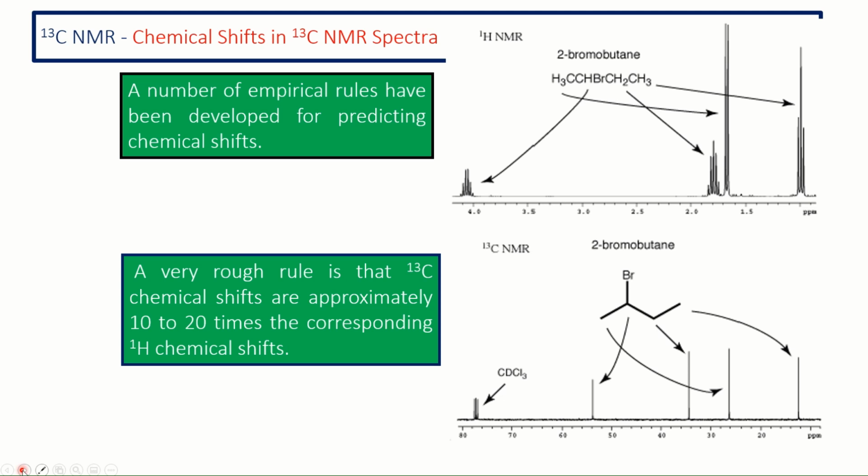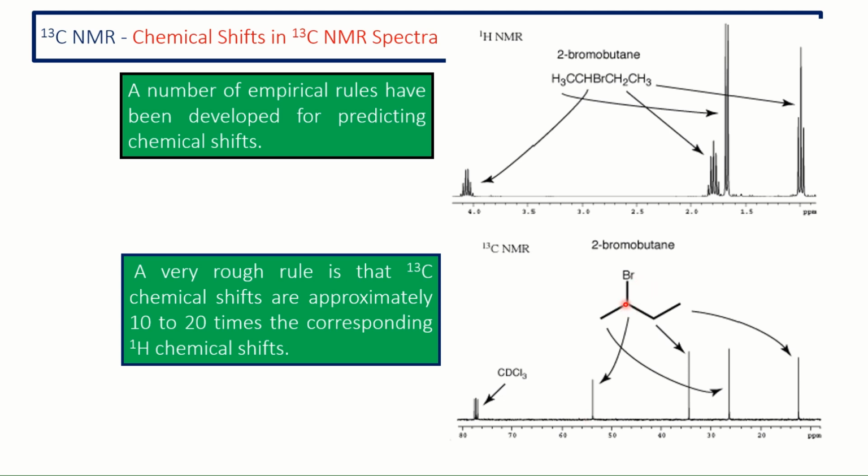a comparison between carbon and proton. Here's a proton spectrum running from 0 to 10 ppm, and here's your carbon running from 0 to 100 of 2-bromopropane. And you can see that there are some relative positions that you can work with, in the sense that here are the methyls and some methylenes. Here's a highly deshielded methine, and here's the methine carbon.